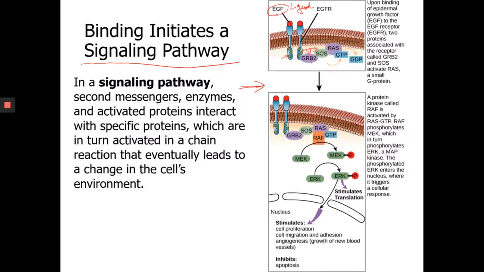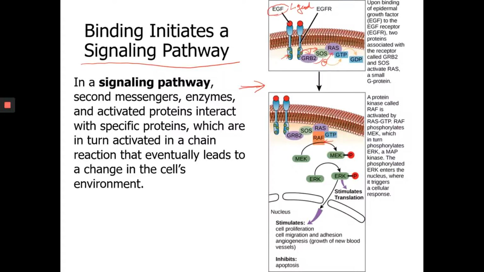So that's one step, right? And then the second step, these enzymes are going to activate another protein, the RAS, right here, the purple one. That's a small G protein. Once the RAS is activated, how do you know it's activated? See, it's linked to GTP, not GDP, so it's activated. Now this activated RAS protein is going to activate another enzyme, RAF, right here.